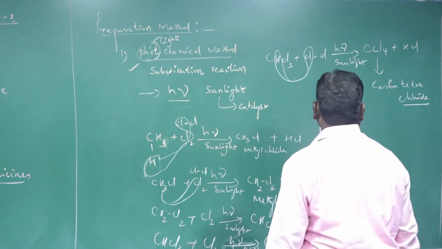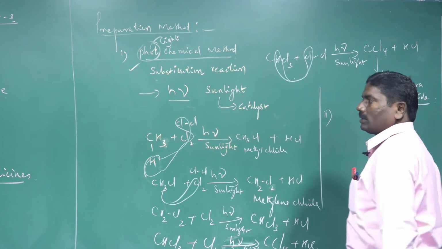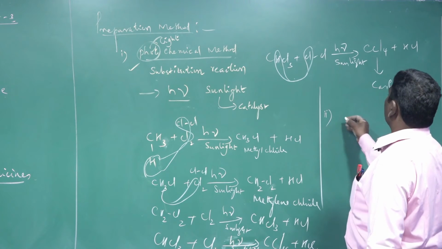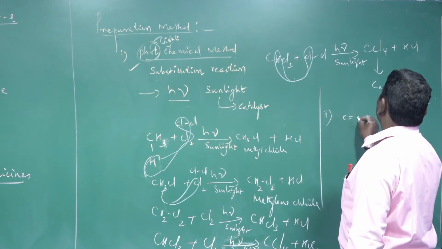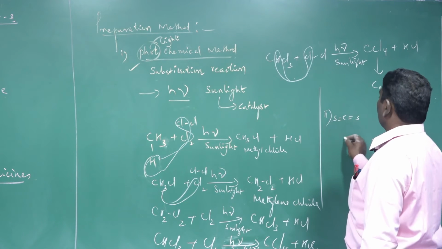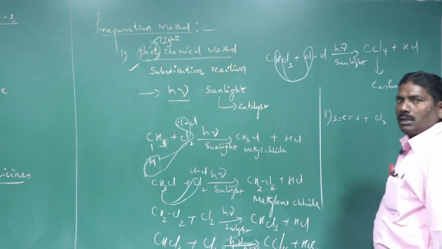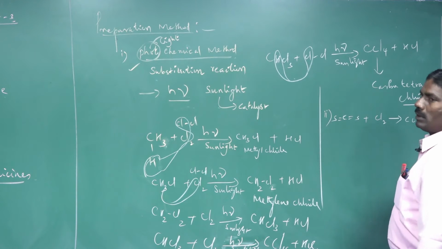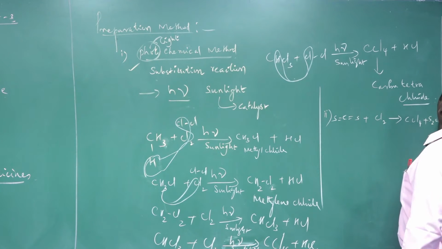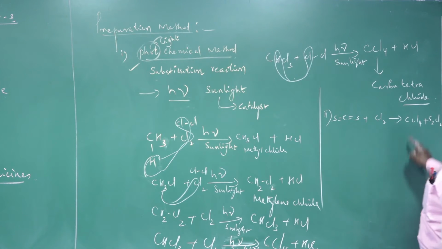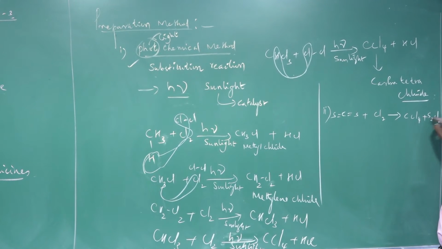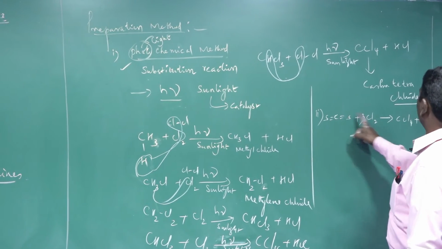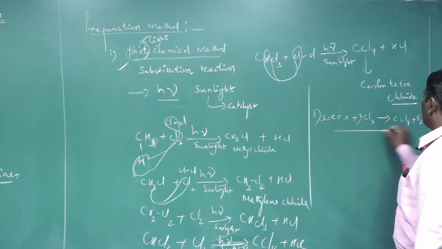The next method given in our book is the second method for preparing carbon tetrachloride. It uses carbon disulfide: CS2 plus chlorine gives carbon tetrachloride, plus S2Cl2. On the product side there are 6 chlorines, so you have to make it 3 Cl2 for balancing. There are 2 sulfur and 1 carbon on both sides, so the equation is balanced.